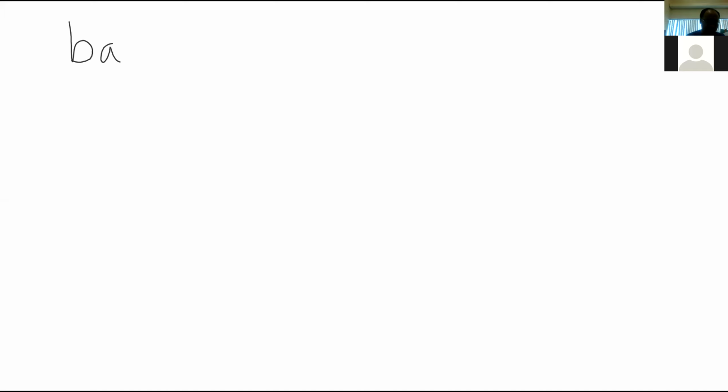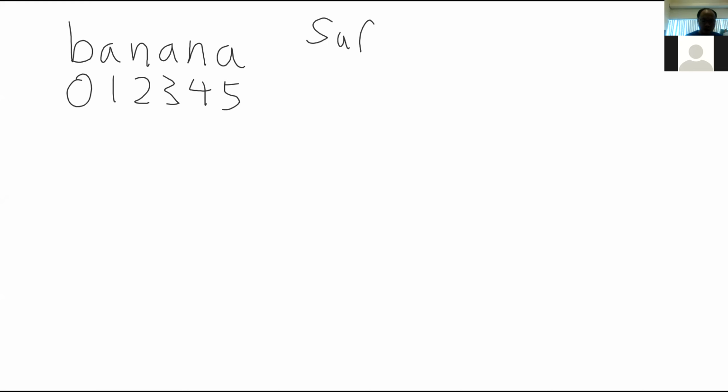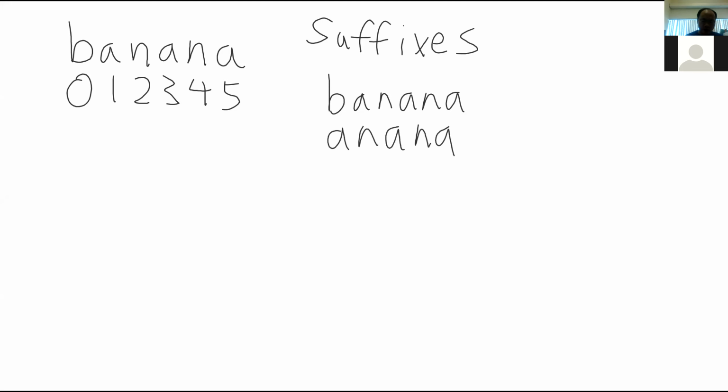Again, you start with the word banana, with indices, of course, 0, 1 through 5, and the suffixes are the whole string, the last 5 letters, the last 4 letters, last 3 letters, last 2 letters, and last 1 letter.